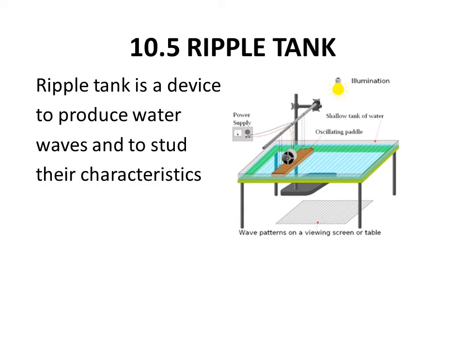As you can see in the diagram, waves can be produced on the surface of the water present in the tray by means of a vibrating vibrator or paddle. This vibrator is an oscillating electric motor fixed on a wooden plate over the tray such that its lower surface just touches the surface of the water.